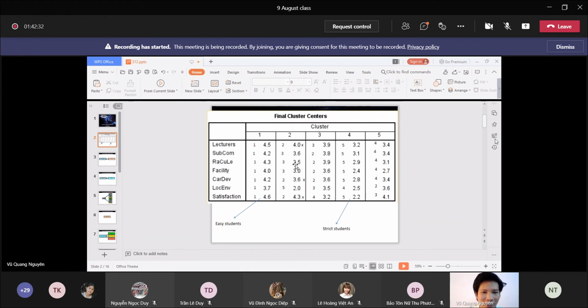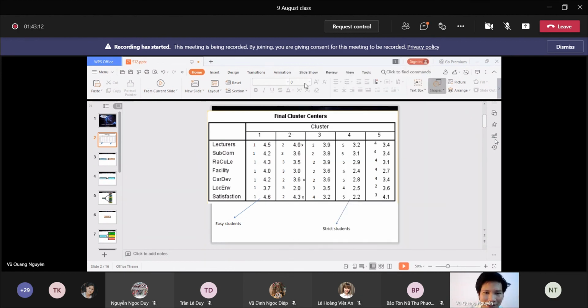Or maybe subject complexity, rationality of curriculum length, and facility too, because those are, let's say, rank number 3. So rank number 3 can be called high or low. Yeah, up to you. But for me, rank number 3, but here 3.6, 3.5, so they are rather a little bit high, you see. So let's say, in summary, what really drives the satisfaction of people in cluster 2?